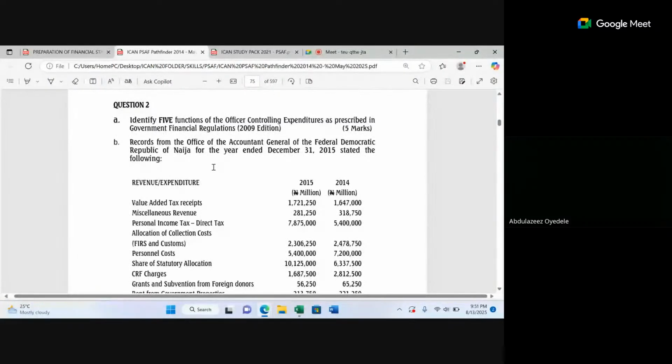The direct method is where you just bring in the gross amount of the items of inflows and outflows into your cash flow statement directly. That is, you have sales, you bring in sales. You have a payment for overhead, you bring in payment for overhead. You have interest payment, you bring in interest payment directly.